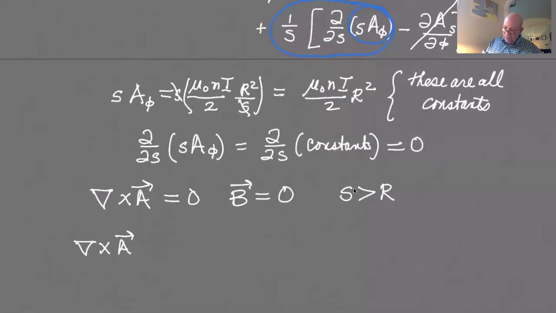And so what we have is 1 over S times the change with respect to S of S times A_phi, and that's going to be in the Z caret direction.